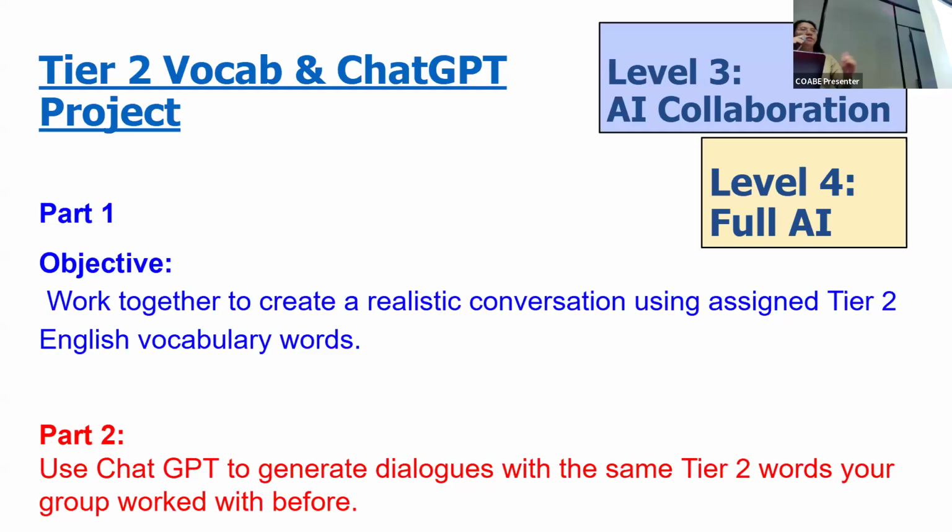You've seen some of the texts earlier. Some of them were AI generated, some were human generated. They first have to define the words, understand what they mean, how to structure it, and then they create their own dialogue. After that, they use ChatGPT to generate a dialogue with the same tier 2 vocabulary words. And then they compare and contrast. So this is a good example of a level 3 AI collaboration assessment. And then at the end, they get to fully use AI to generate something, and then they get to compare both.